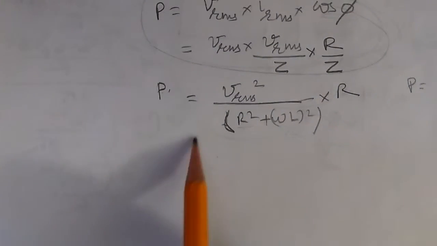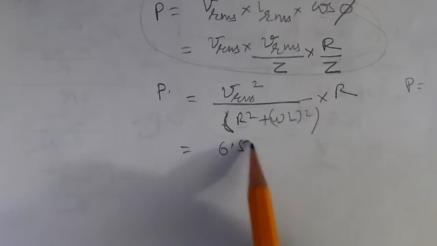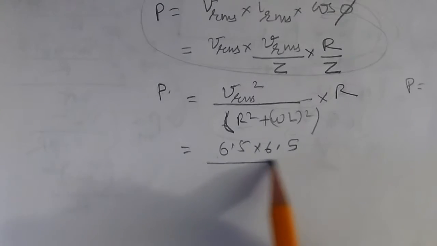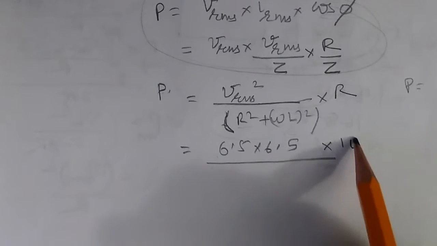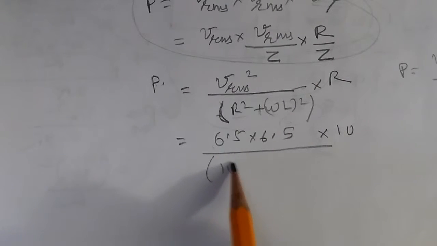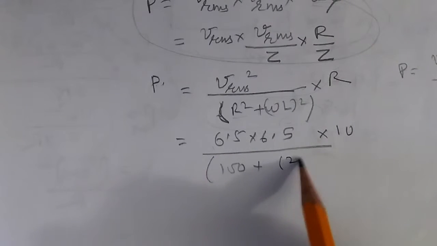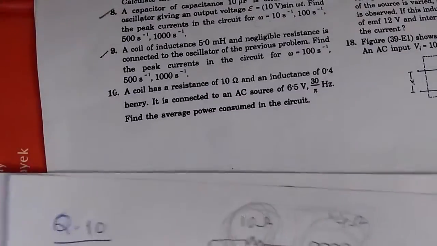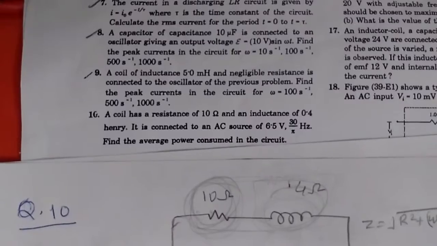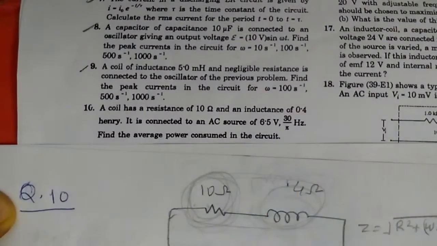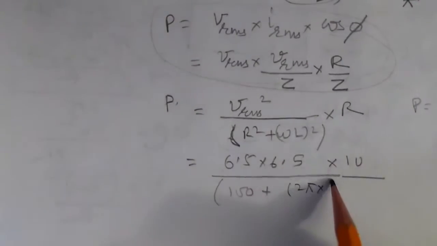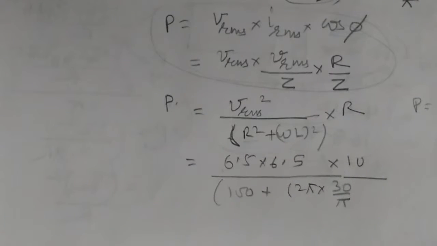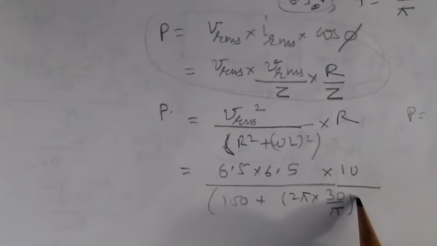Now all we need to do is put in the values. We are given V RMS is 6.5, so 6.5 into 6.5 multiplied by R, which is 10 ohm, divided by R square, which is 100, plus omega square. Omega is 2 pi into frequency, and frequency is given in this problem as 30 by pi, whole square.